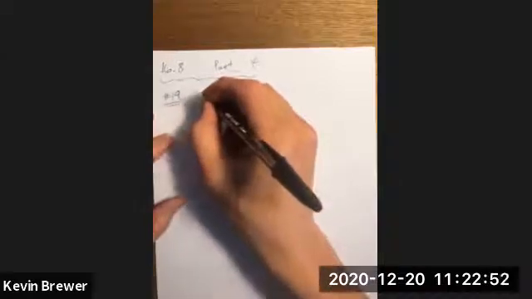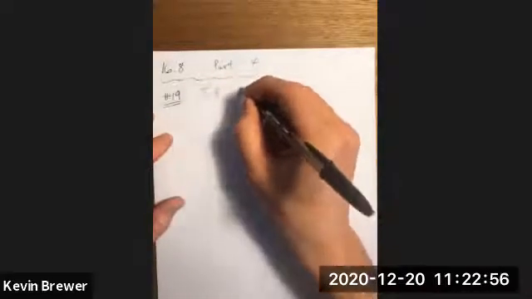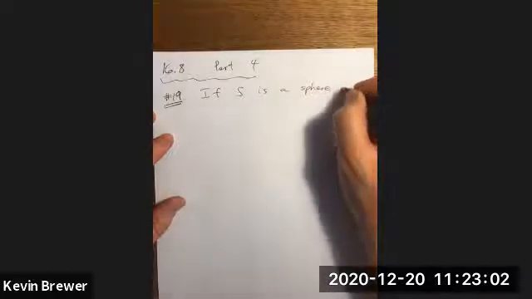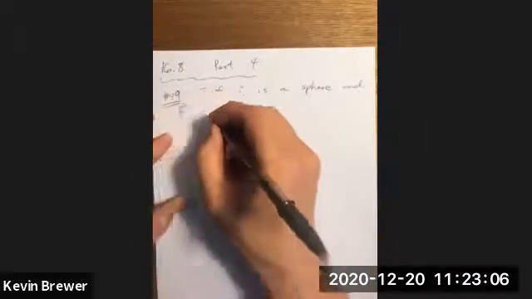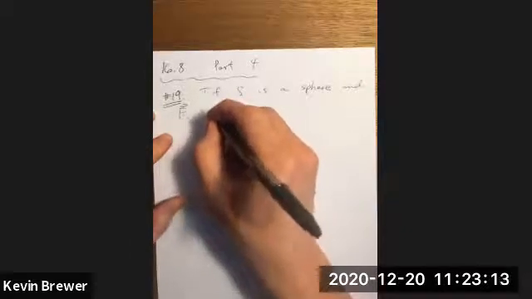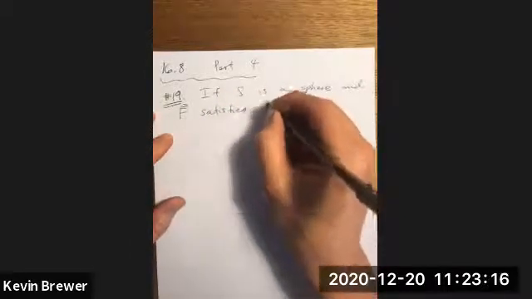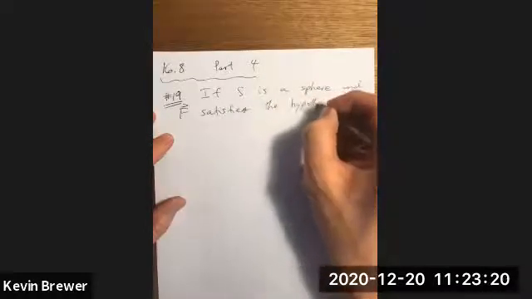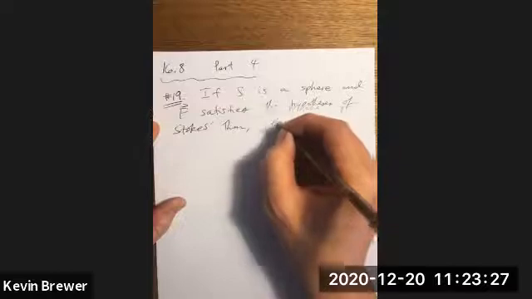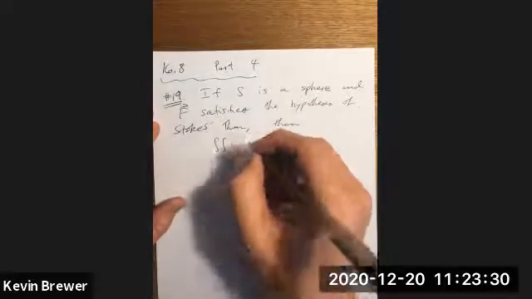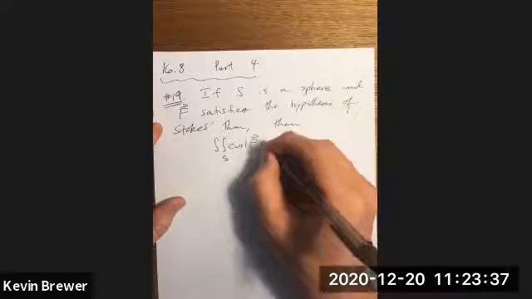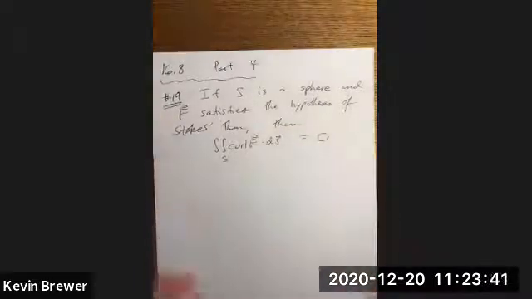In this problem, we are asked to show that if S is a sphere and F is a vector field that satisfies the hypotheses of Stokes' theorem, then the double integral over S of the curl of F dot dS is equal to 0.